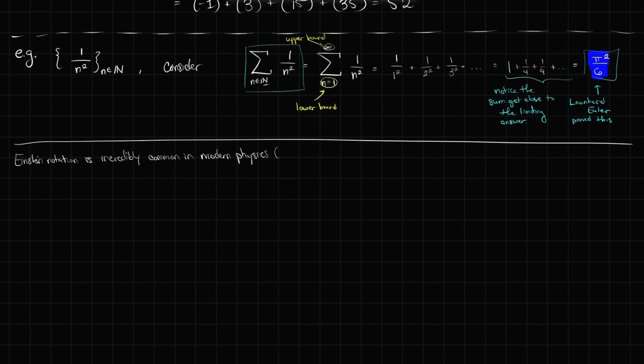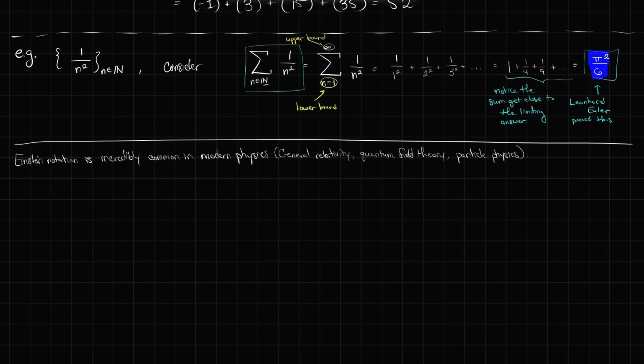By modern physics, I mean anything from general relativity to quantum field theory to particle physics. Probably those three. So Einstein notation is probably what you'll see if you decide you want to head into any of those directions. And even if you don't, you'll periodically encounter it. And it's a very useful notation.